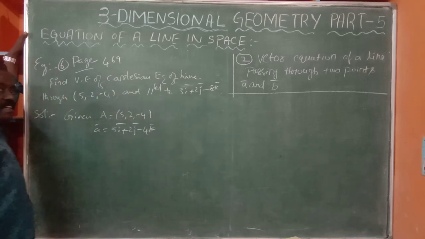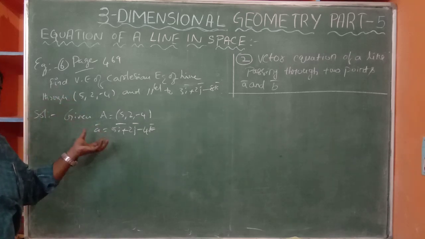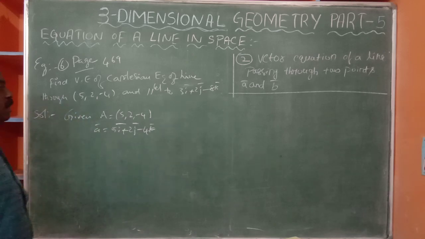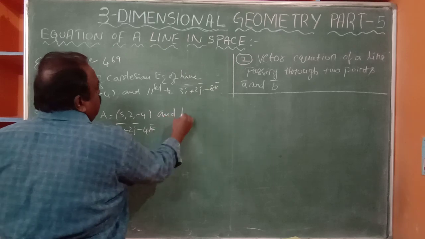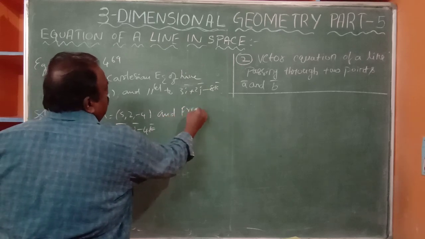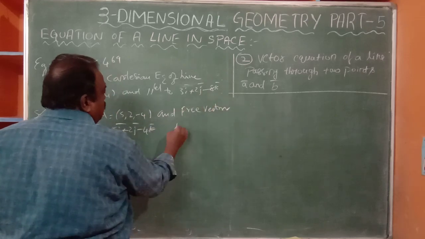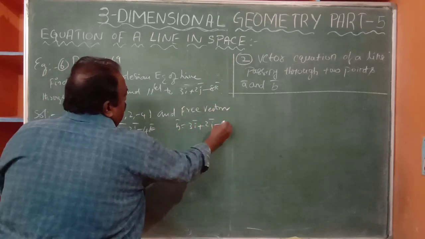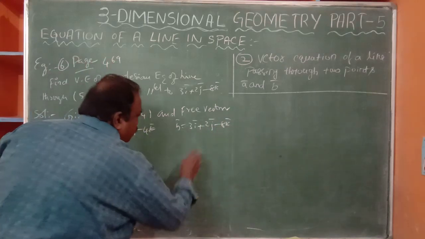We are given a point, but we can change it into the position vector A bar. And the free vector: what is a free vector? It is B bar is equal to 3i plus 2j minus 8k.